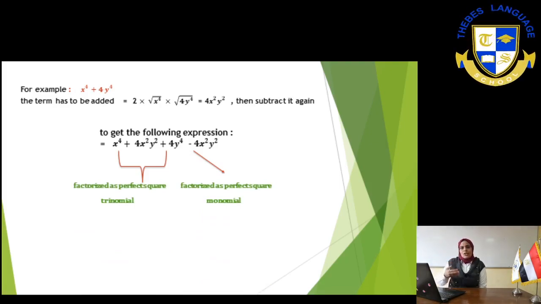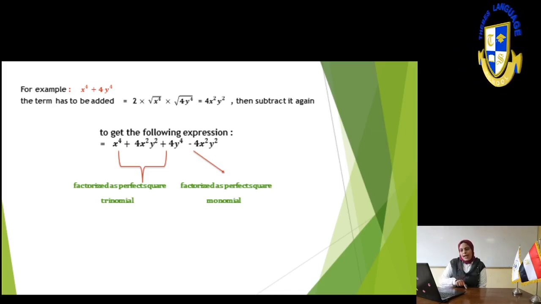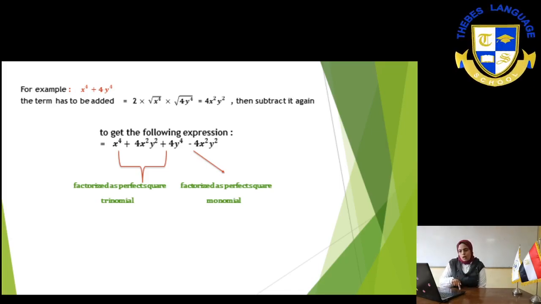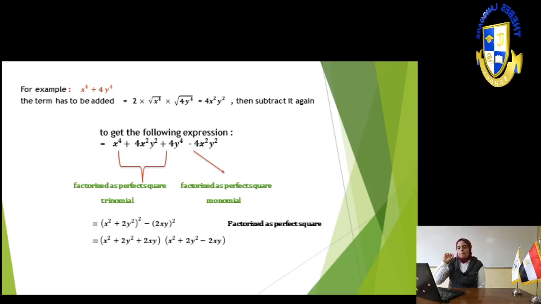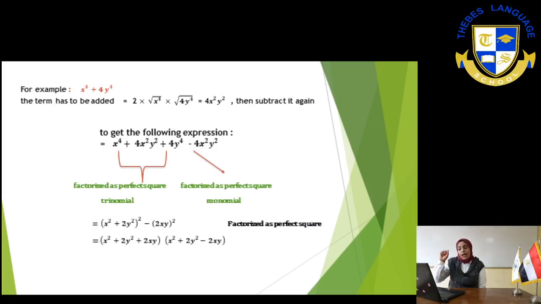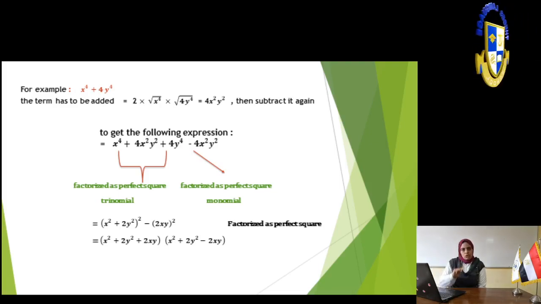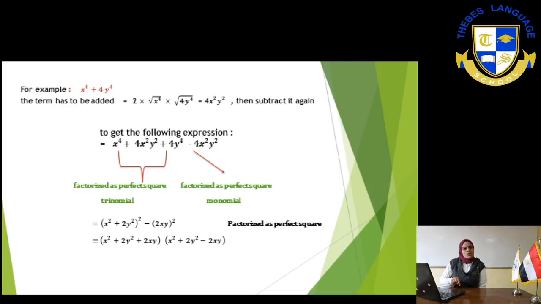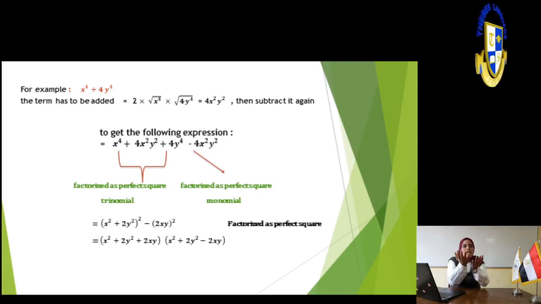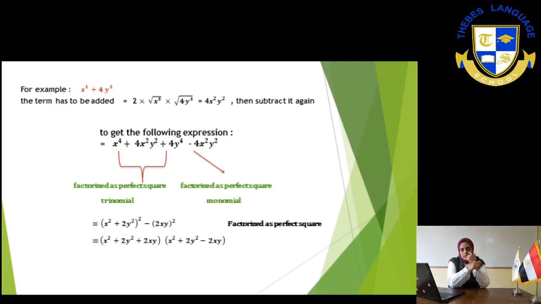So it will be factorized into x power 2 plus 2y power 2 all to the power 2 minus 4x power 2 y power 2. It will be factorized as 2xy to the power 2. So we here have the difference between two squares.